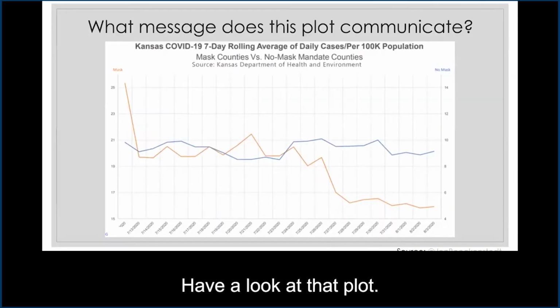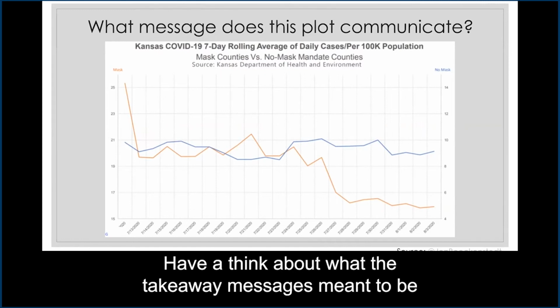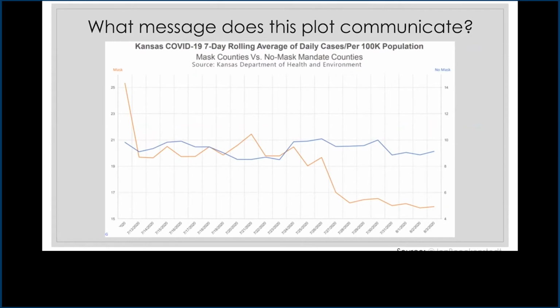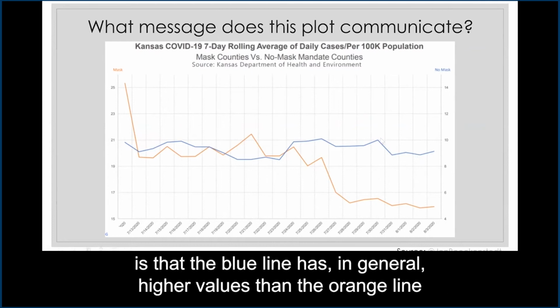Have a look at that plot. Spending a few seconds looking at that plot, have a think about what the takeaway message is meant to be. I would argue that the takeaway message that most of us get immediately looking at this plot is that the blue line has in general higher values than the orange line.